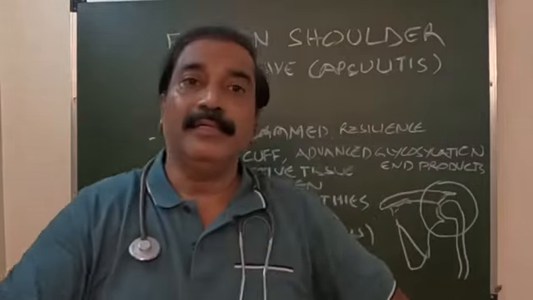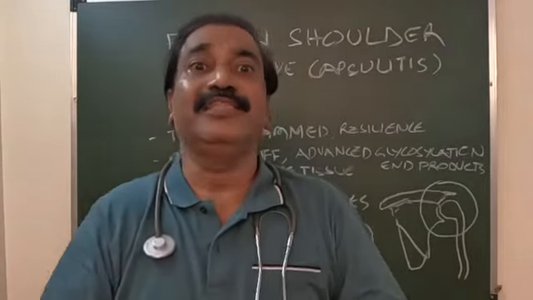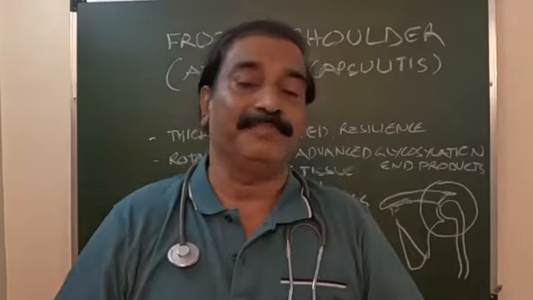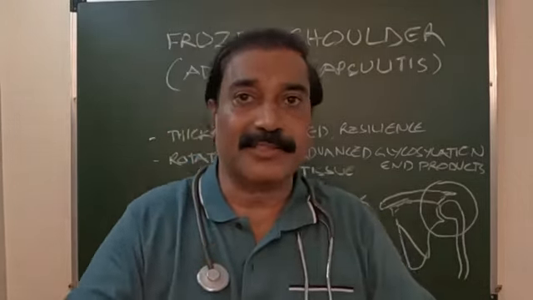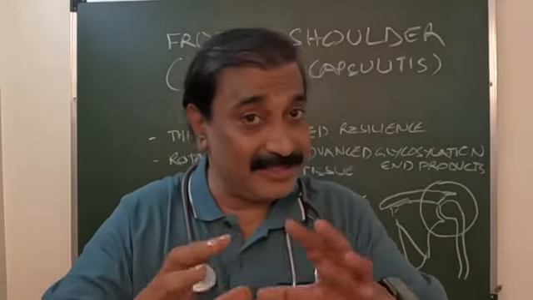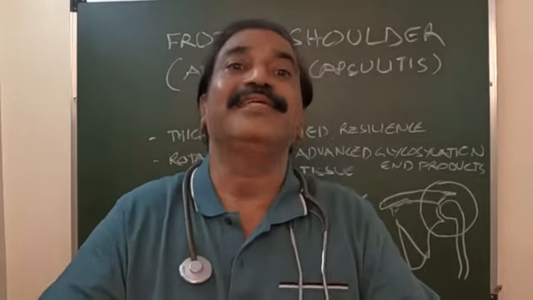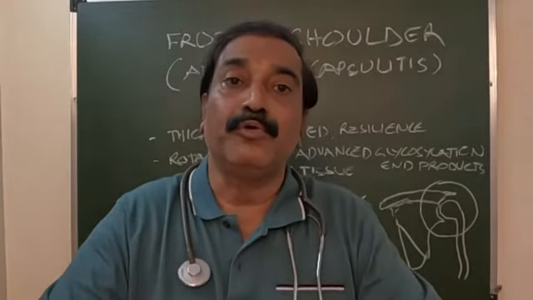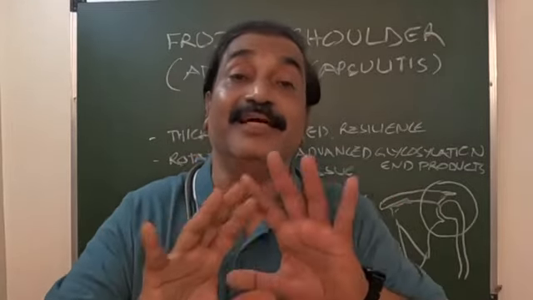There is pain, there is stiffness, you can't move the joint, they can't even wear a shirt. So initially we advise them physiotherapy, some drugs, control of sugar, control of thyroid, etc. But if they fail all these things, we take them into the theater and give general anesthesia.